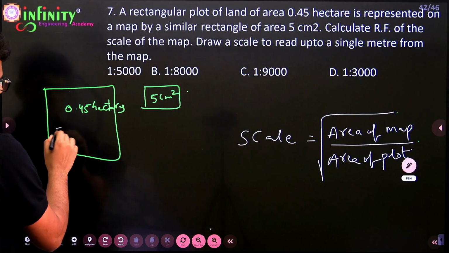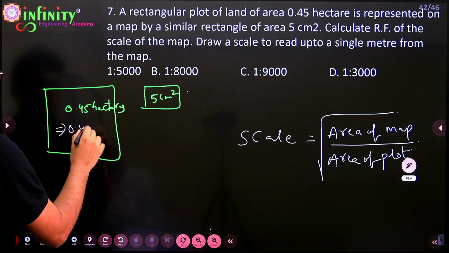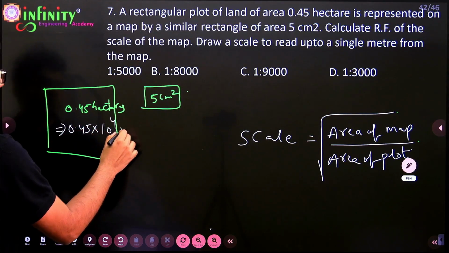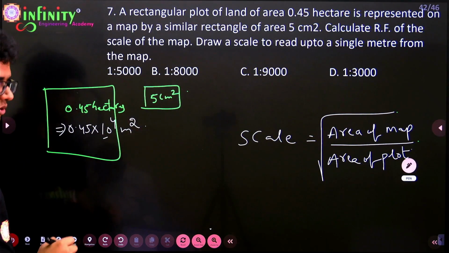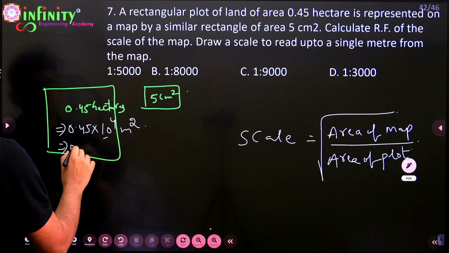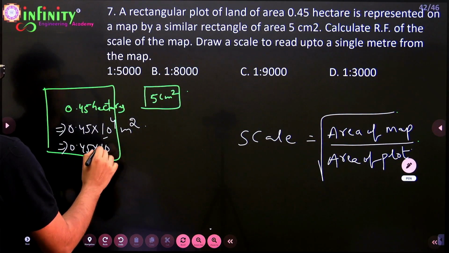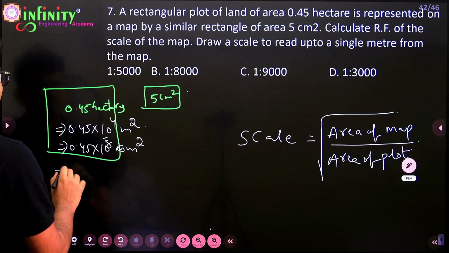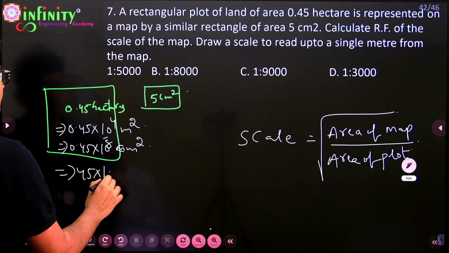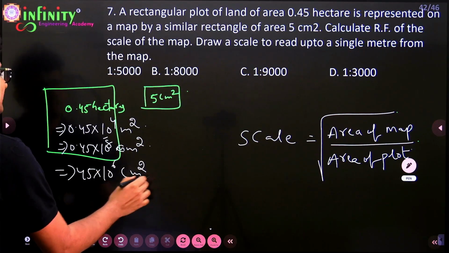It will be 0.45 into 10 power 4 meter square, because 1 hectare equals 10 power 4 meters square. Again, if you convert into centimeters, it will be 0.45 into 10 power 8 centimeter square, which can be written as 45 into 10 power 6 centimeter square.